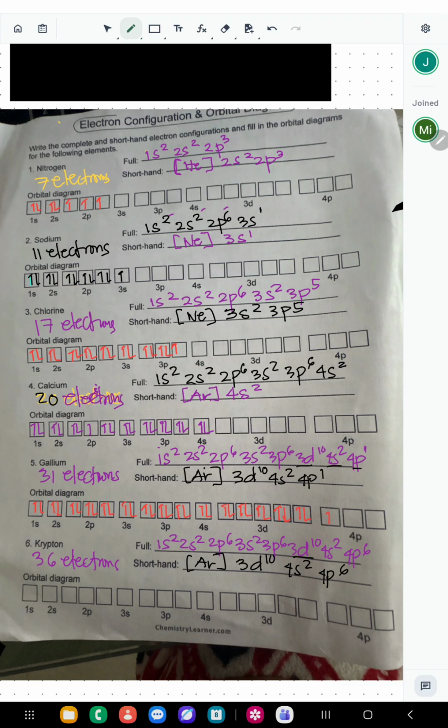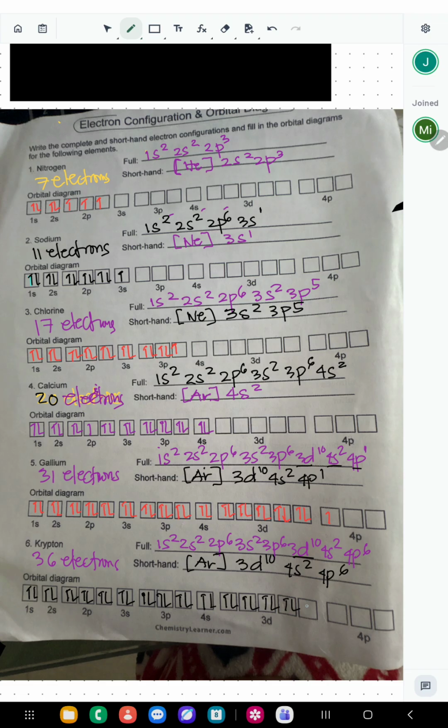And then for the orbital diagram, 1s2, 2s2, 2p6, then 3s2, 3p6, then 4s2, 3d10.